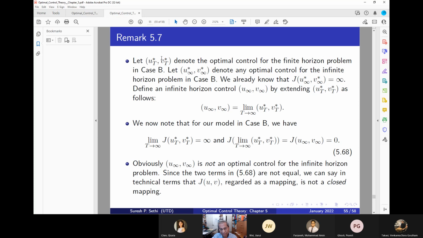This is not the optimal solution of the infinite horizon; this is the limit, which I call this. That's the limit of the solution, not the limit of the objective function. We now see that in our model, the limit of the objective function is infinity, but the objective function of the limit is 0.